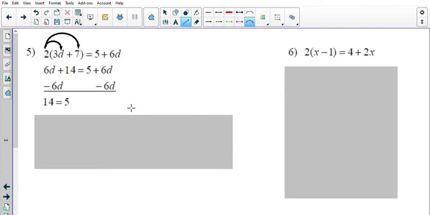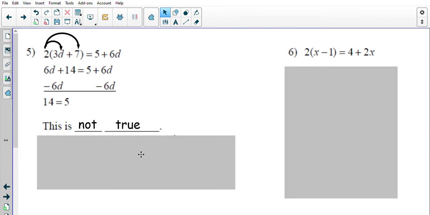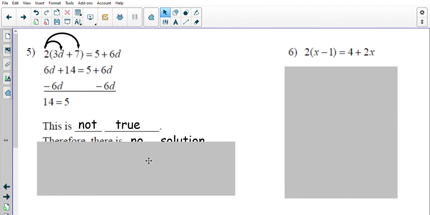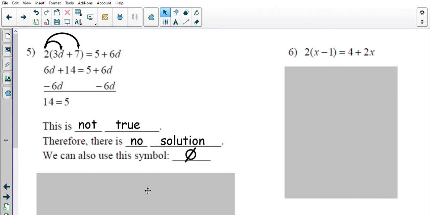And no variable. So d is not 14, it's not 5. What we have is a statement that is not true. 14 does not equal 5. If that happens, if your variable cancels out and you end up with a statement that is not true, we say that there is no solution. That means there's no possible value for d that we can plug in on both sides of that equation that will make this equation true, that will make both sides equal to each other.